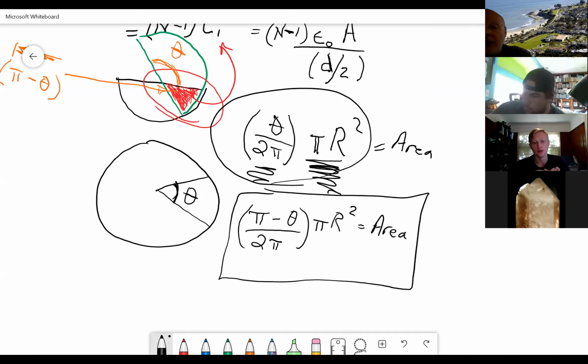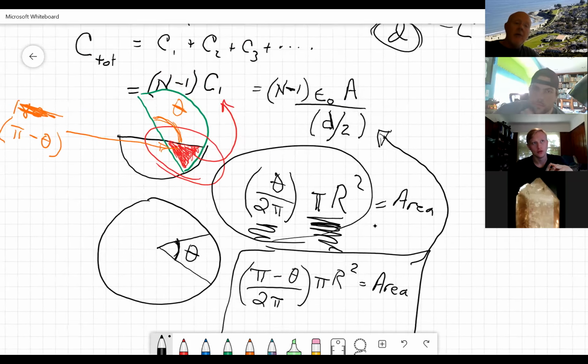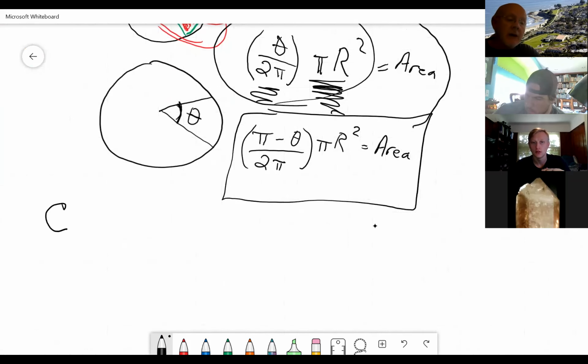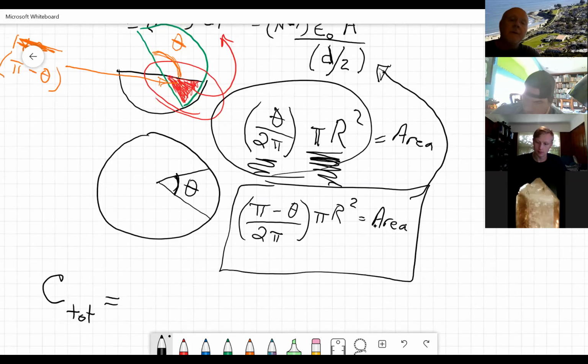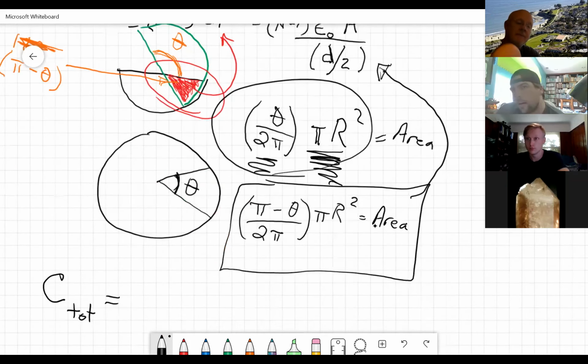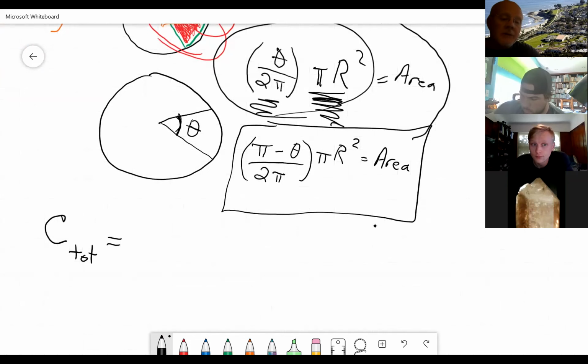Okay, so let's use that back up here. And I'll pull it down here, but if I put all that together, it looks like I've got capacitance total equals, and yeah, I just wanted to check. So it's n minus 1. So this would be an n minus 1. Then it's an epsilon naught.